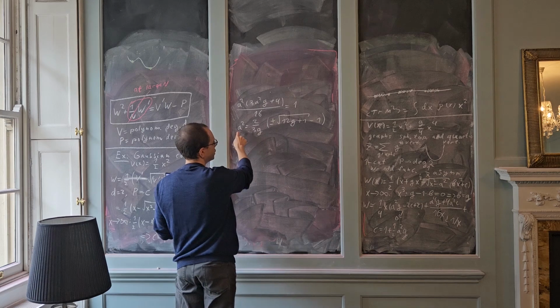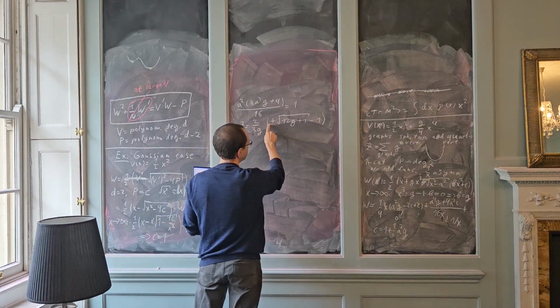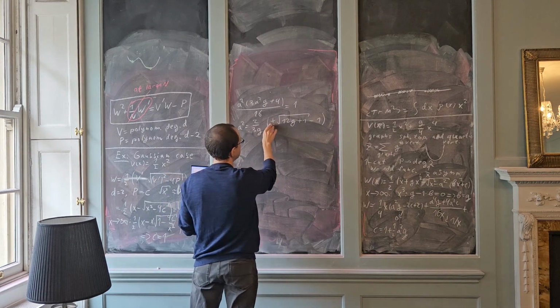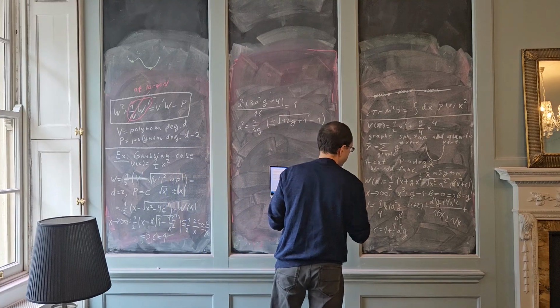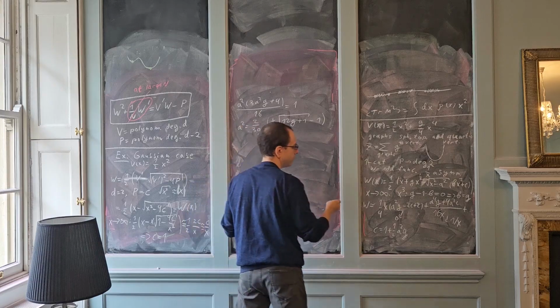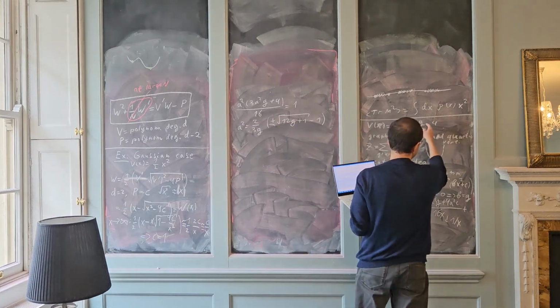Since it's A squared, it has to be positive, so we choose the plus sign. And now we have our solution. So we found everything in terms of the coupling G.